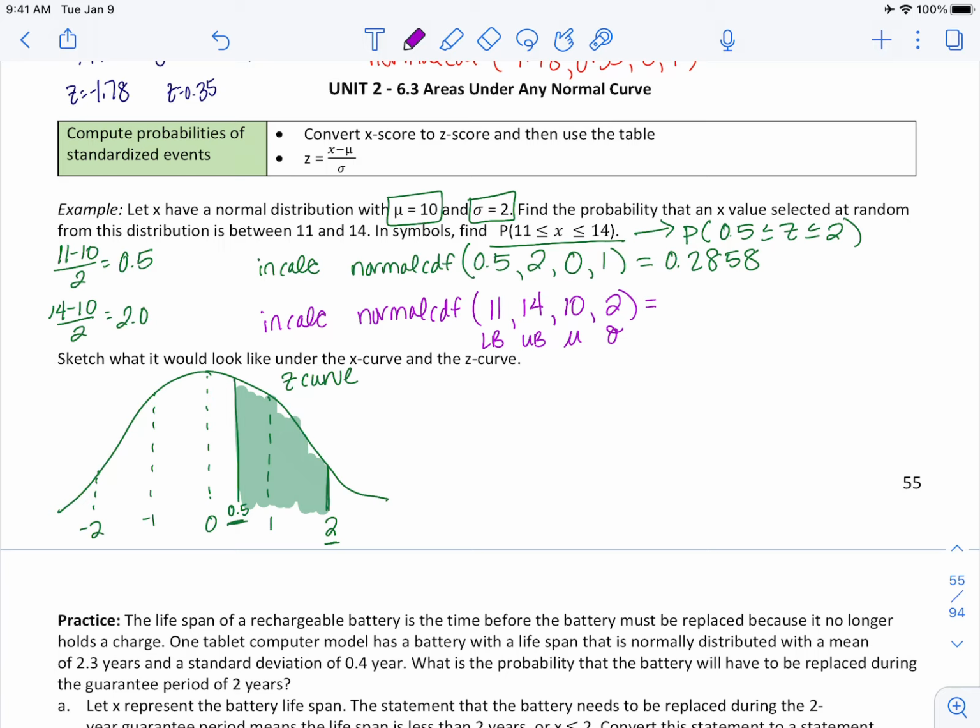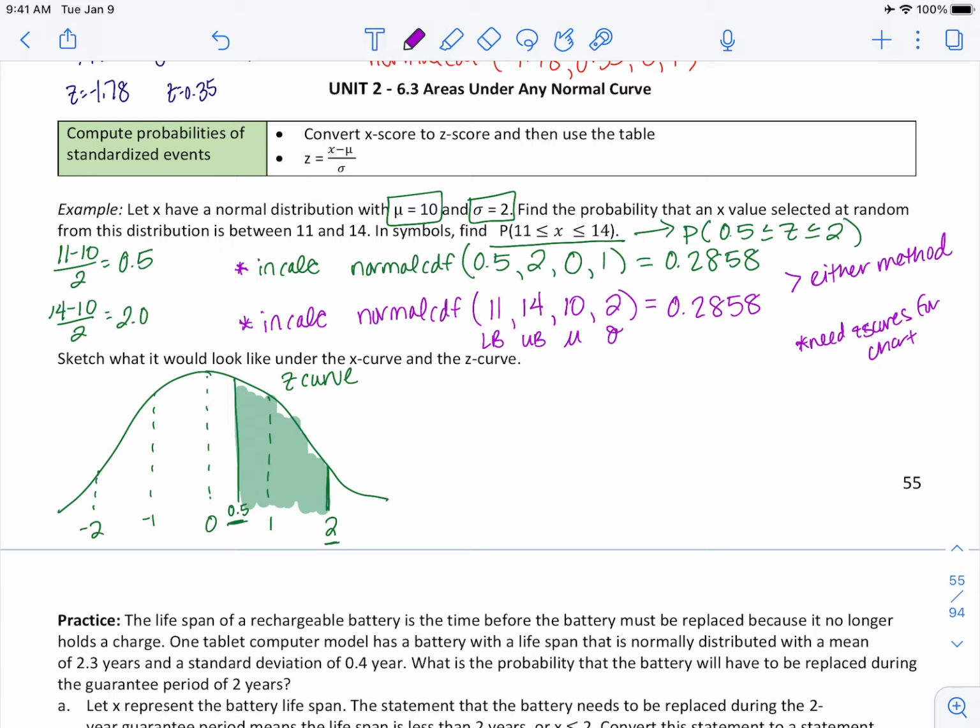And if we punch this in, we get the same exact answer, 0.2858. Now you guys are allowed to do either method in your calculator. Either one is fine. If you like using the chart, you need your z-scores for the chart method, okay? I personally think the calculator methods are easier, but it's up to you. Do what's most comfortable for you.